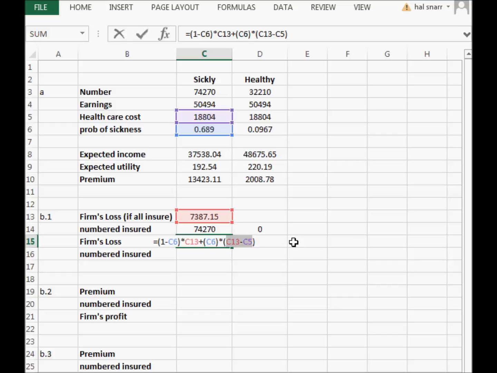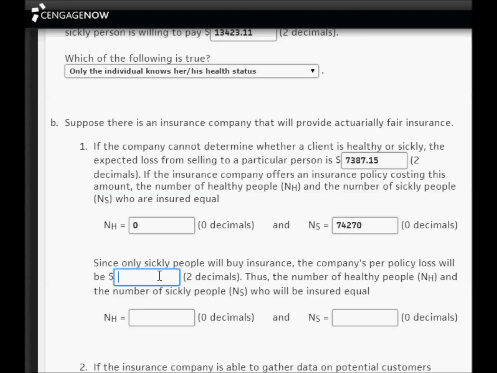We multiply that difference by the probability of the sickly person getting sick. If the sickly person does not get sick, the insurance company just collects a premium. We multiply that by the probability of not getting sick. We get an expected loss of $5,568.80. We delete the negative sign because we're talking about a loss here.